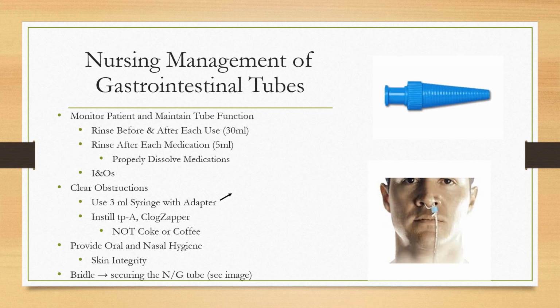That wouldn't be a good idea because the NG tube might just break open somewhere. So just gently pushing and pulling the plunger sometimes just breaks up the obstruction. The other thing is we can also just put the warm water in and let it sit there, and hopefully it just soaks whatever's obstructing it, and then it clears up.